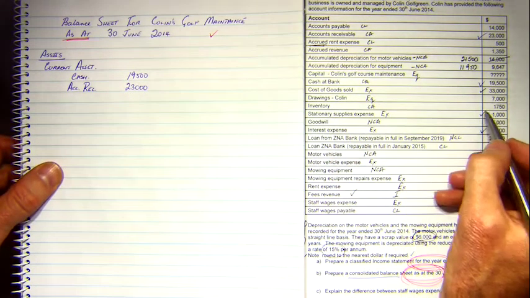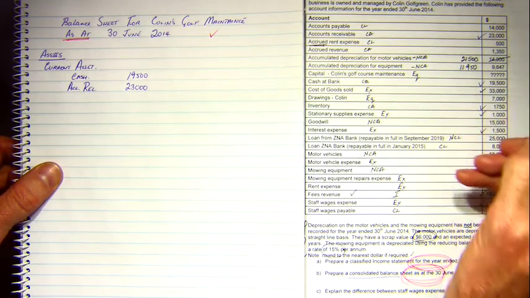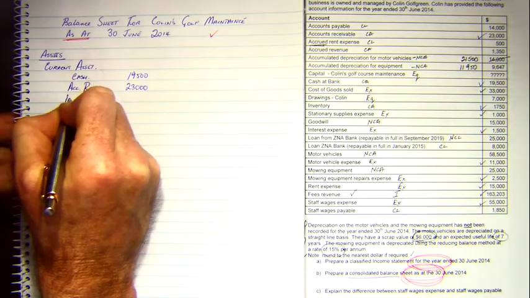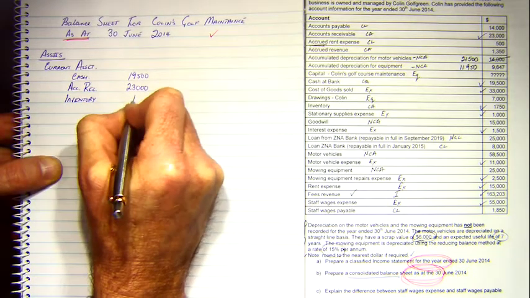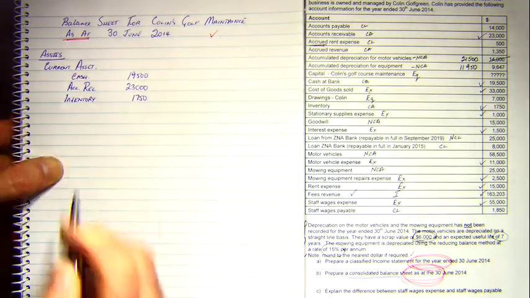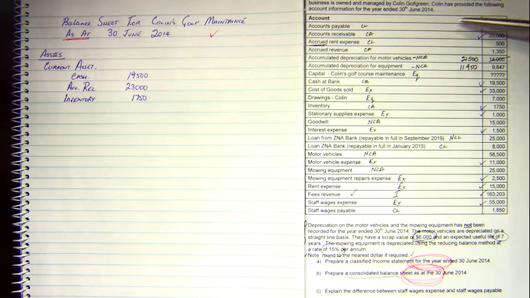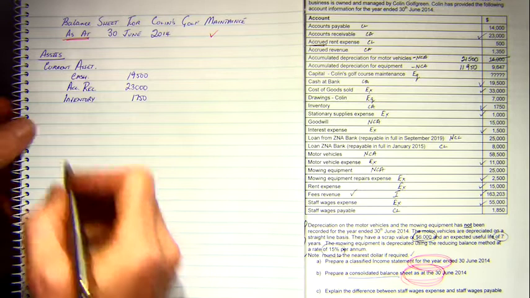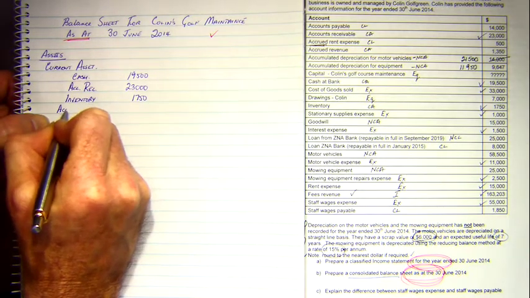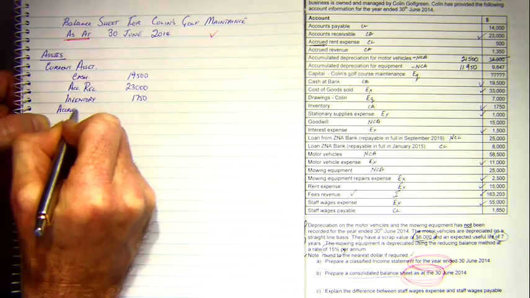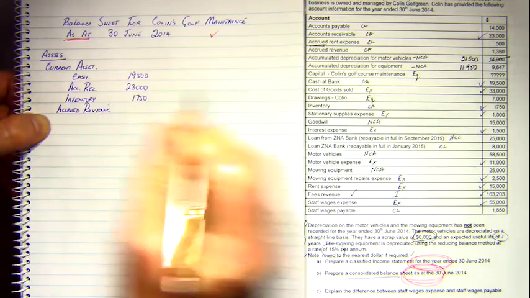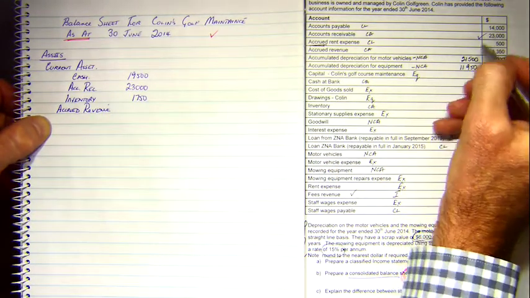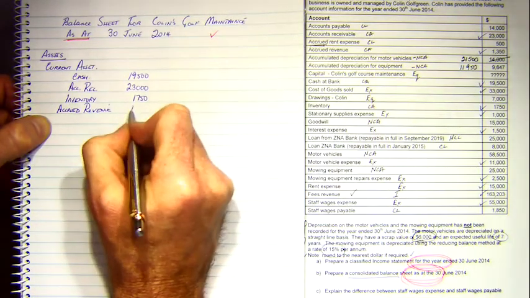Inventory, which is 1,750. Any others? Let's have a quick look. Current asset. Oh, we've got accrued revenue. And my accrued revenue is 1,350.